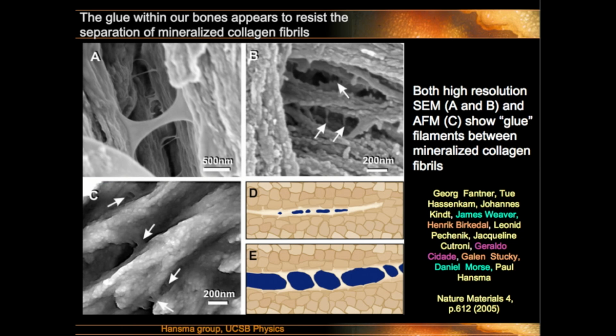Because these were scanning electron microscope images, we had to dry the samples, and most of the water in that gel left, and we're just left with remnants of the molecules. In actual bone, we believe there would be the gel with the molecules running through it, holding this together.